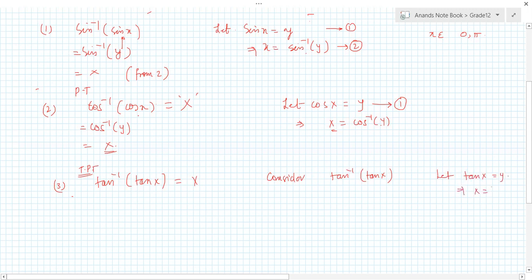This implies x is equal to tan inverse of y by the definition of inverse trigonometric functions. That means this is tan inverse of y, which is nothing but x. Are you getting this, guys?